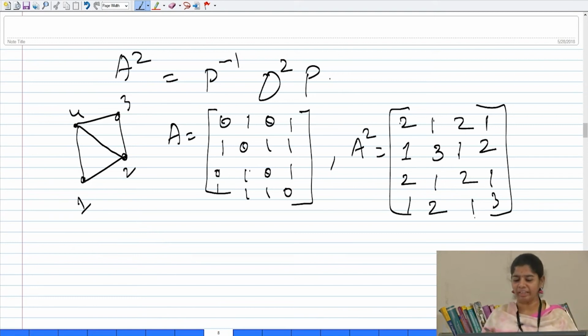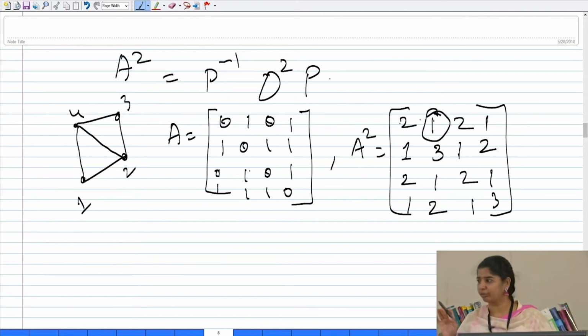Any entry in this matrix just represents the number of walks, I should not say paths, the number of walks of length 2 from i to j. So, A square represents the number of walks of length 2 from i to j.